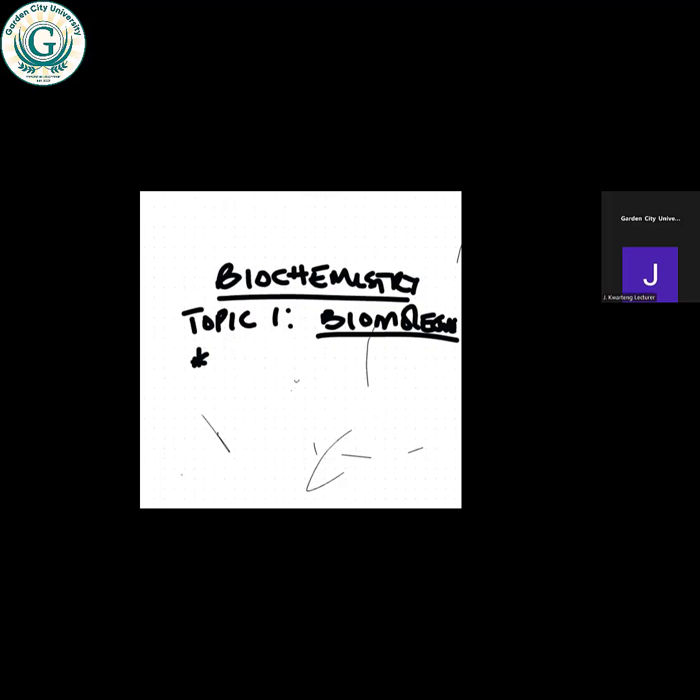Okay, so we had said that organic biomolecules have four main characteristics. Number one, they dissolve better in organic solvents. Number two, they exhibit what? Stereoisomerism. In other words, they can exist in multiple structural forms.